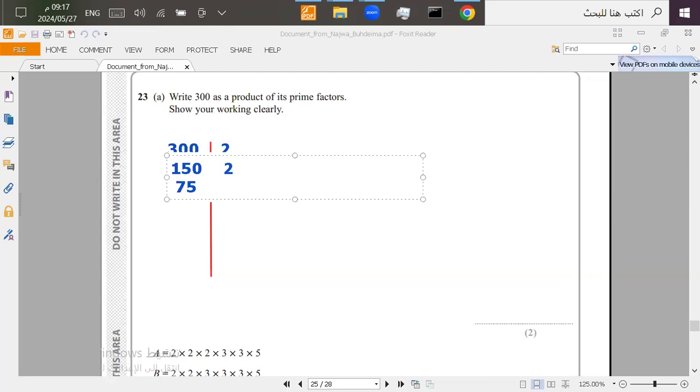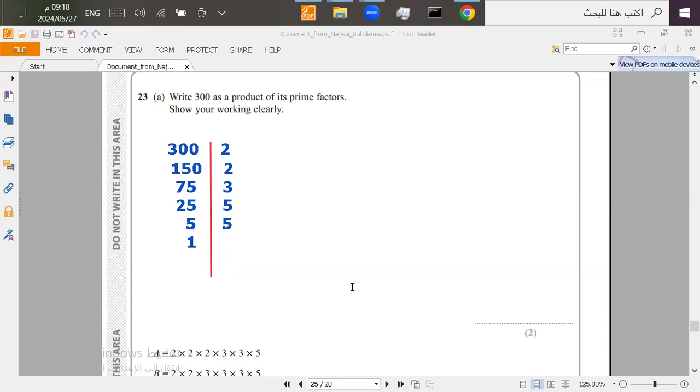You can't divide this by 2, so you divide by 3 and it gives you 25. Then you divide by 5, you get 5, and divide by 5 again, you get 1.